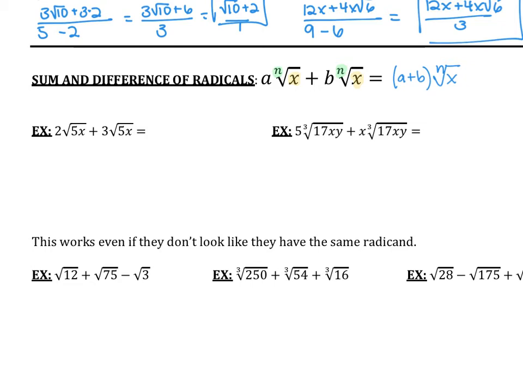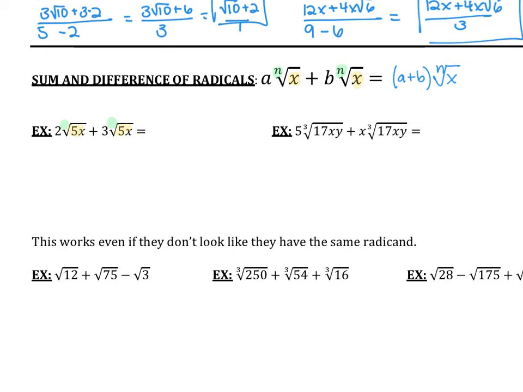So let's look at a pretty simple example. If I want to add 2 root 5x plus 3 root 5x, the first thing I want to check is to make sure that my index is the same. And if my index is the same, then I want to check to make sure that my radicand is also the same.